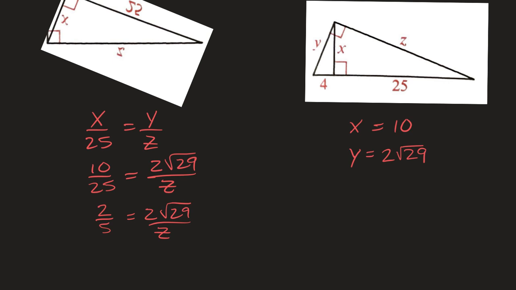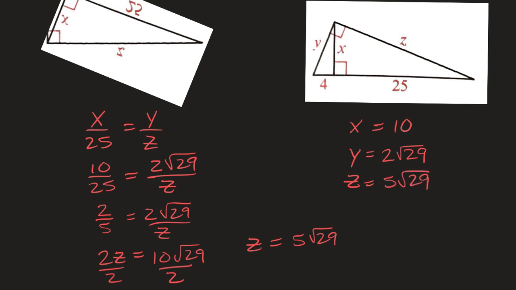So that means 2z is equal to 10 times the square root of 29. And if I divide by 2, then z has to be 5 times the square root of 29. So z is then 5 times the square root of 29.